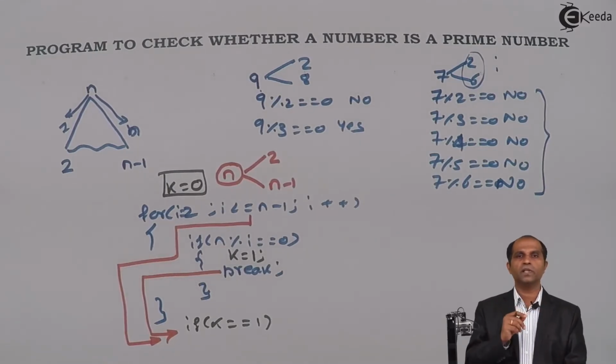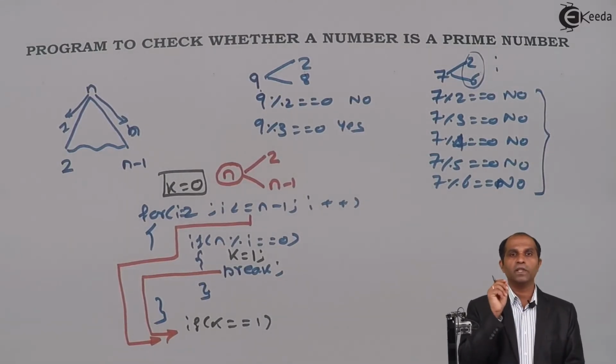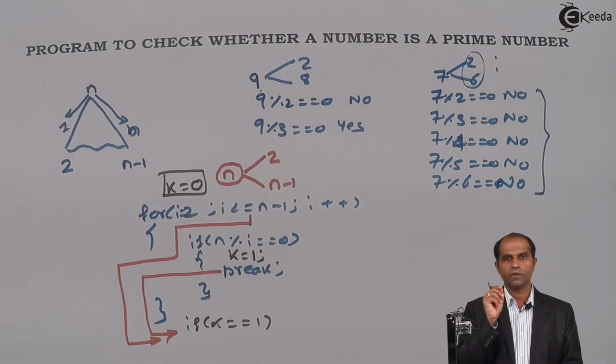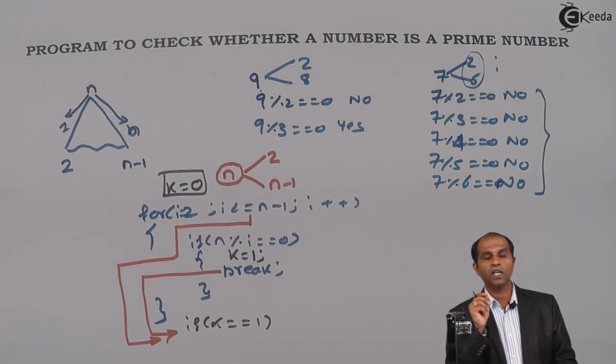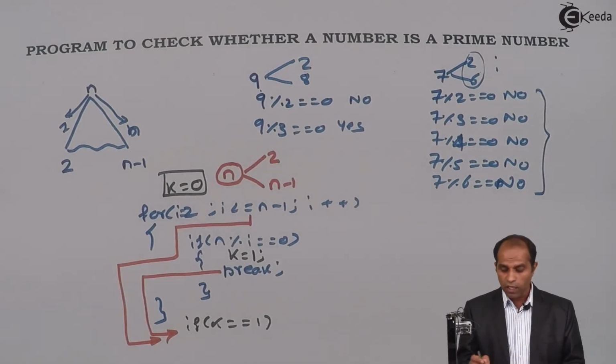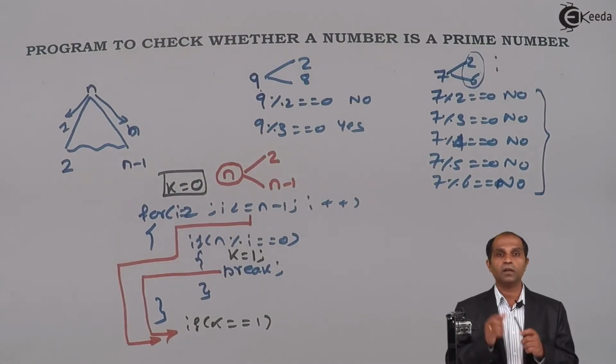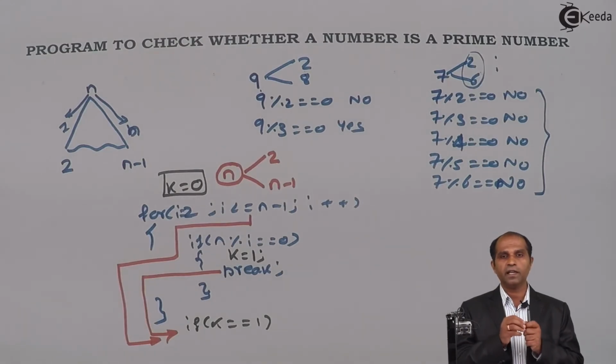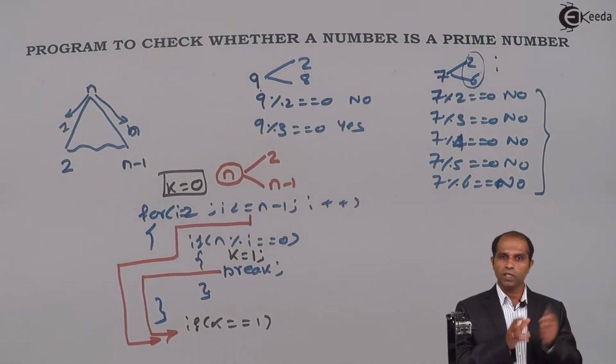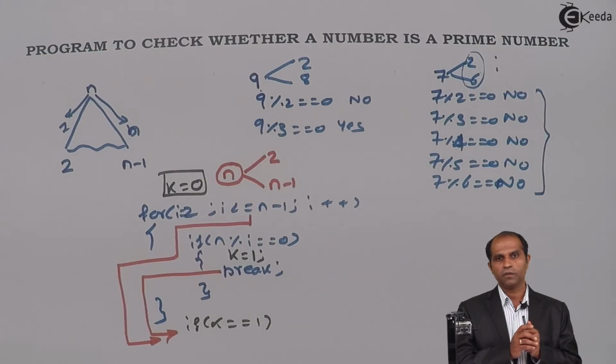So the value of k is 0 if I quit by condition, and the value of k is 1 if I quit by break. So the value of k helps us understand how we terminated this particular loop, whether by break or by the condition. That's how we implement the prime program.